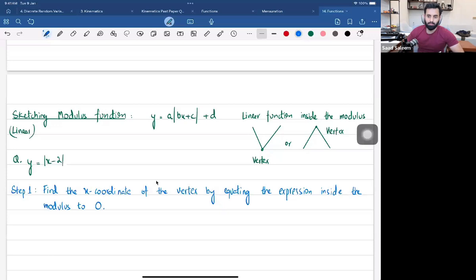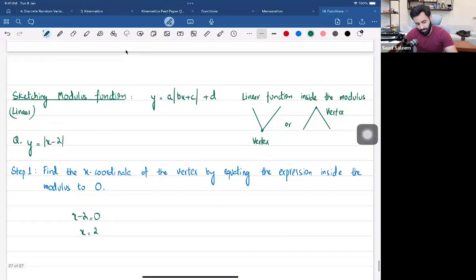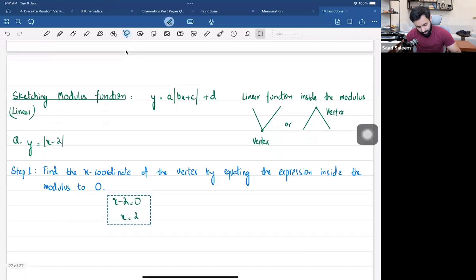So I repeat, we find the x-coordinate of the vertex by equating the expression inside the modulus to 0. So let's do that. Very simple. x minus 2 equals 0, x equals 2. So we have the x coordinate of the vertex.